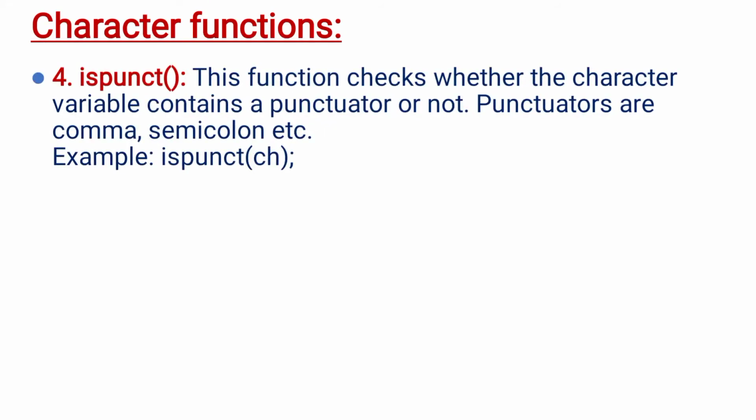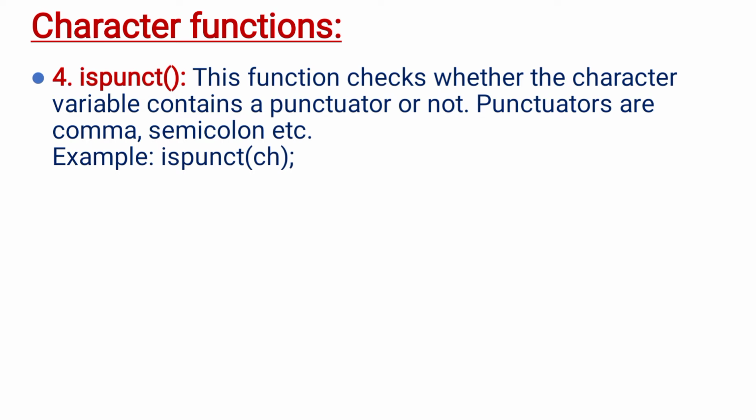Next, number 4, the fourth function is isPunct, actually for punctuator. The isPunct function checks whether the character variable contains a punctuator or not. A punctuator is nothing but a symbol.